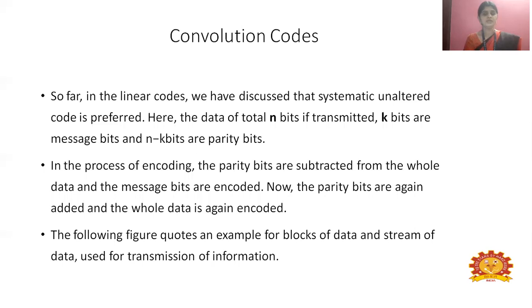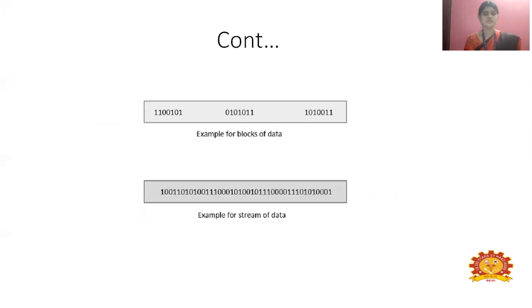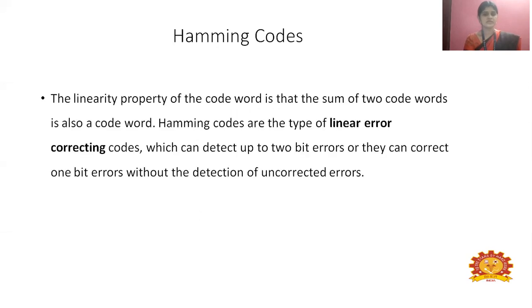Now the parity bits are again added and the whole data is again encoded. The following figure shows the blocks of data and the stream of data used for information. It shows examples of the blocks of data and examples of the stream of data. Blocks of data consist of the message bits followed by the check bits.